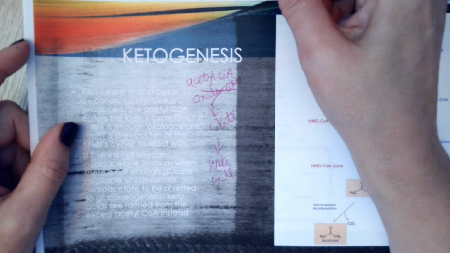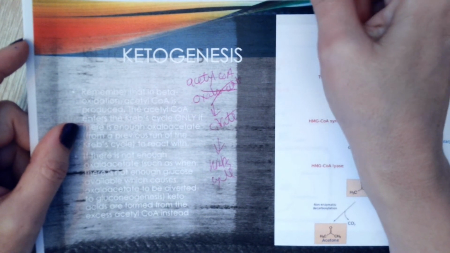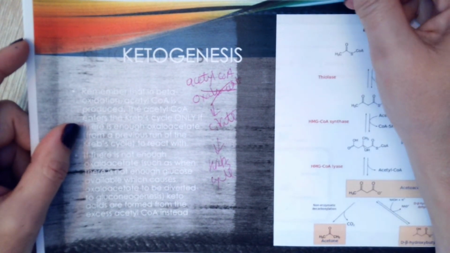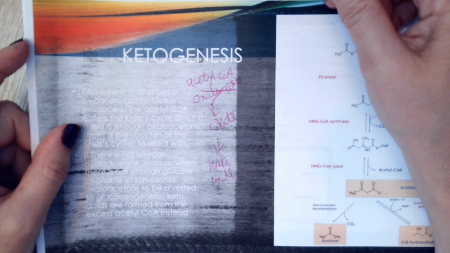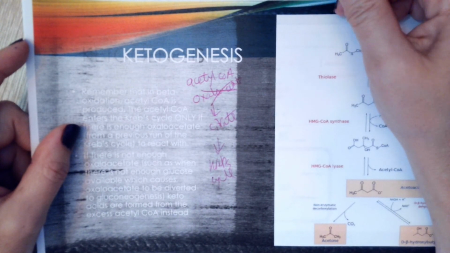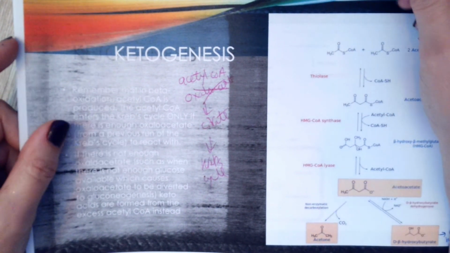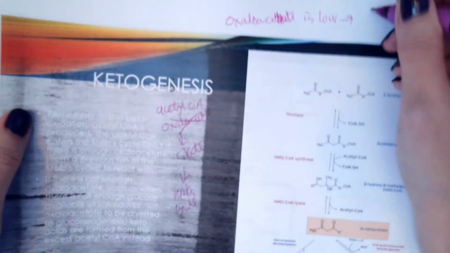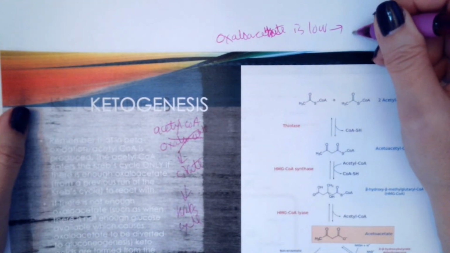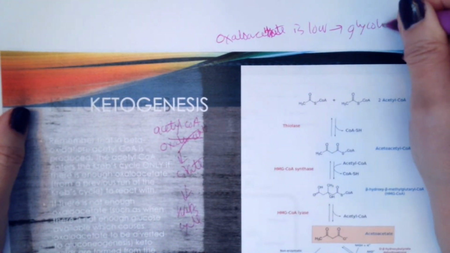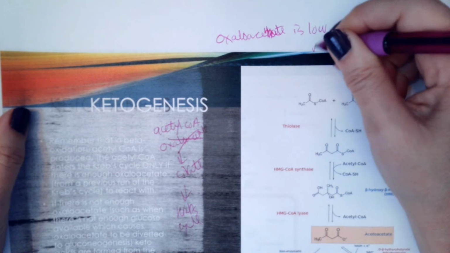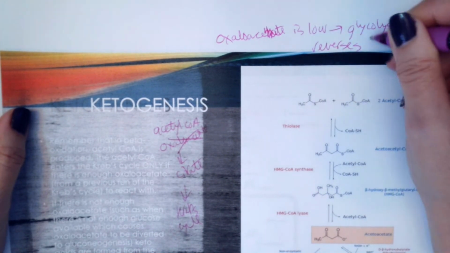So if our oxaloacetate is low, glycolysis essentially reverses for gluconeogenesis.